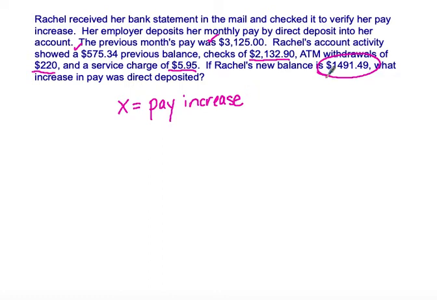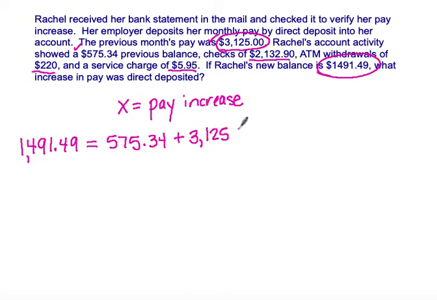From our formula, I'm going to start with her new balance of $1,491.49, and I'm going to set that equal to her previous balance of $575.34. And then I'm going to add in what we know her previous check was, $3,125, but we also know that she got a pay increase. So we're going to put our variable in right there.